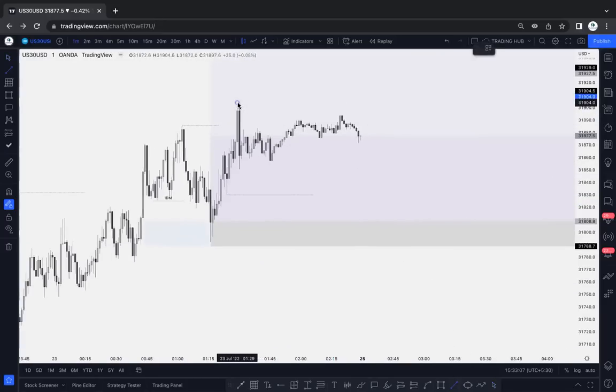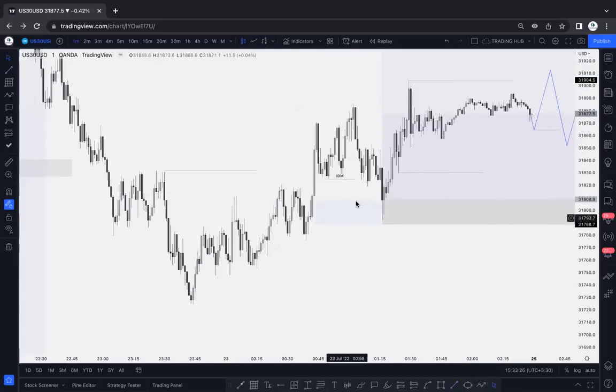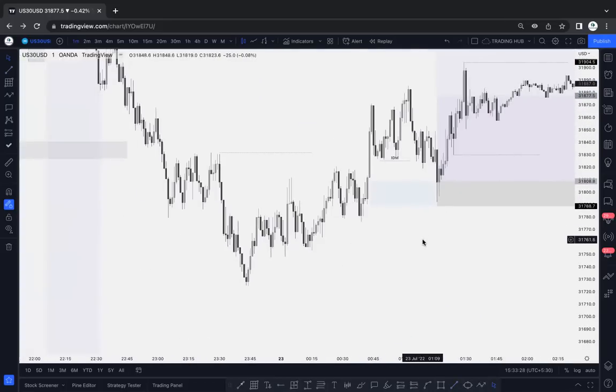If the market breaks this high and creates a new inducement like here, breaks this structure, and this is our inducement, then it goes higher, and we buy below it. These things work every time.